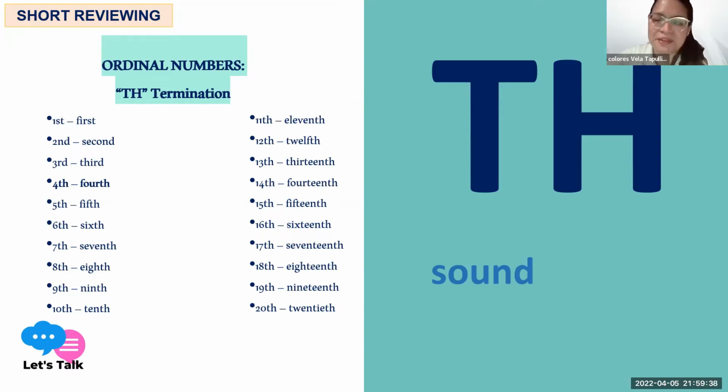Exactly. Very good. As you see, the pronunciation of these numbers is different. It's different. Okay. For example, you can listen to the difference if you say 5 and you say 5th. Let's see another example.